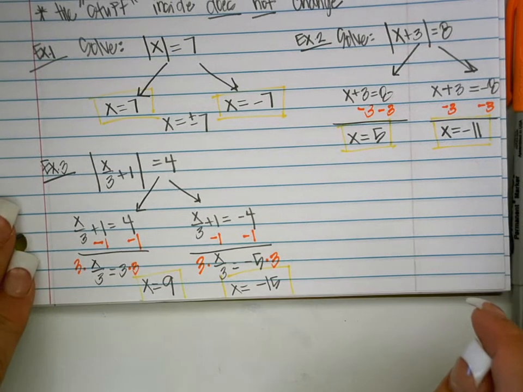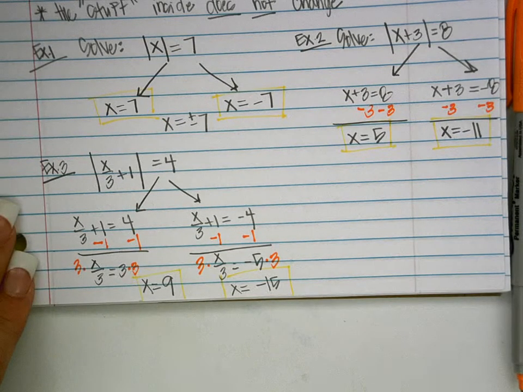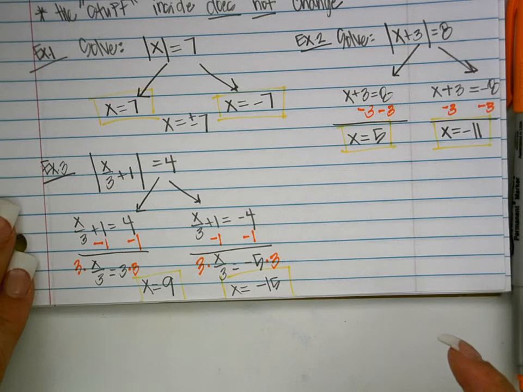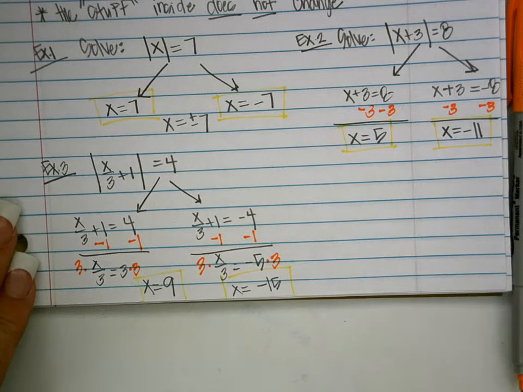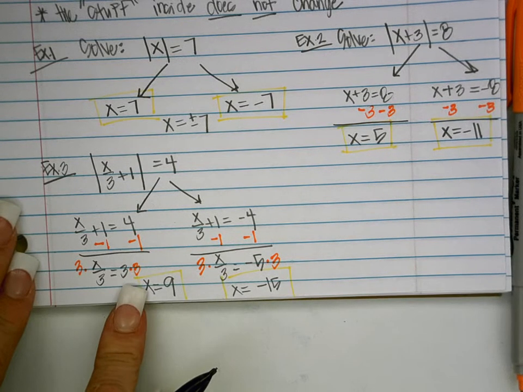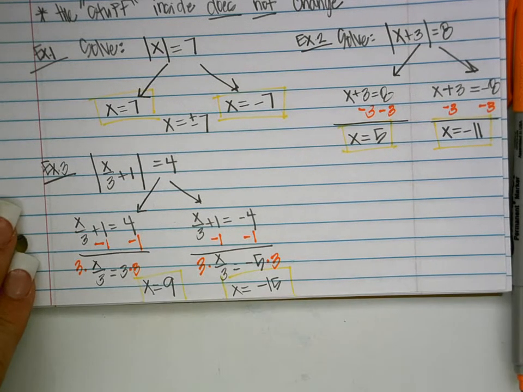Can't do that. According to order of operations, we have to go backwards. Oh, I'm sorry, no, follow order of operations. I apologize. According to order of operations, we would do parentheses, exponents, multiplication, division, addition, subtraction.